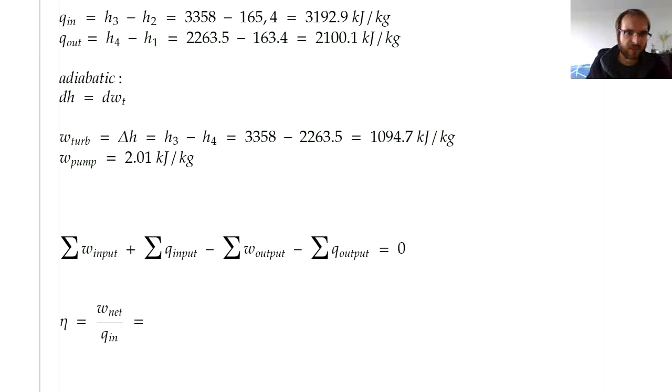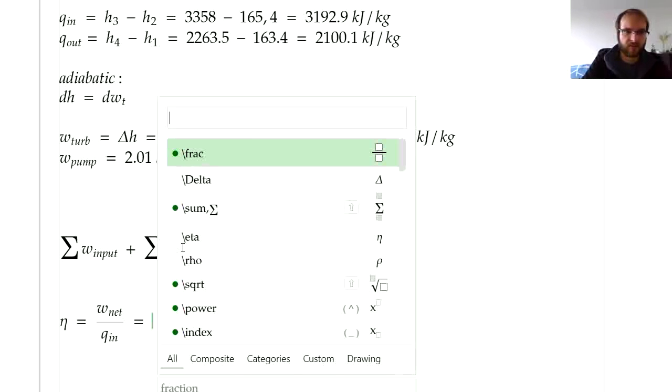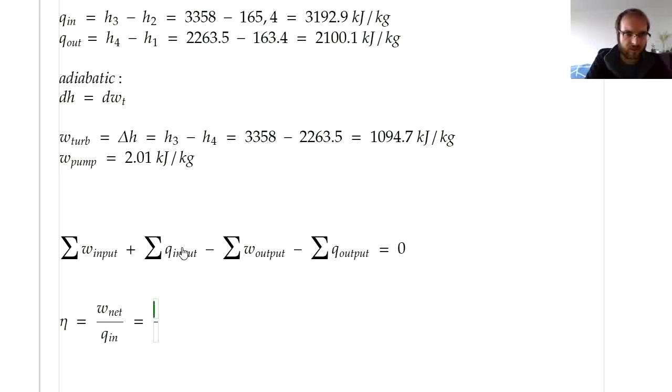The heat input is directly determined in here. The net work output is the difference between the work of the turbine, which produces work, and the work of the pump, which consumes work.